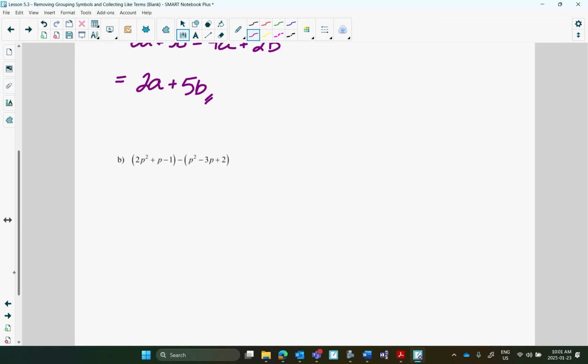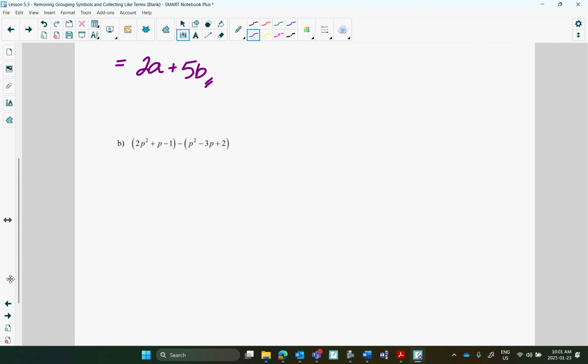Again, no sign in front of the first set of parentheses, so just take them out, nothing changes. However, because there's a subtraction in front of the second set of parentheses, all the signs are going to change.